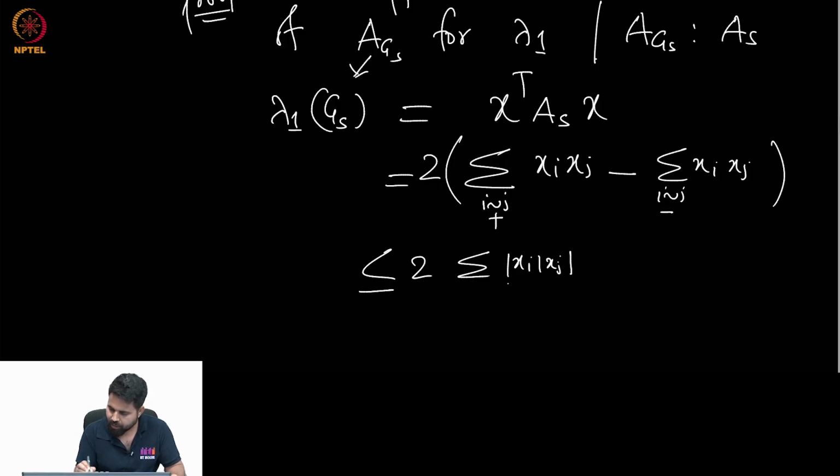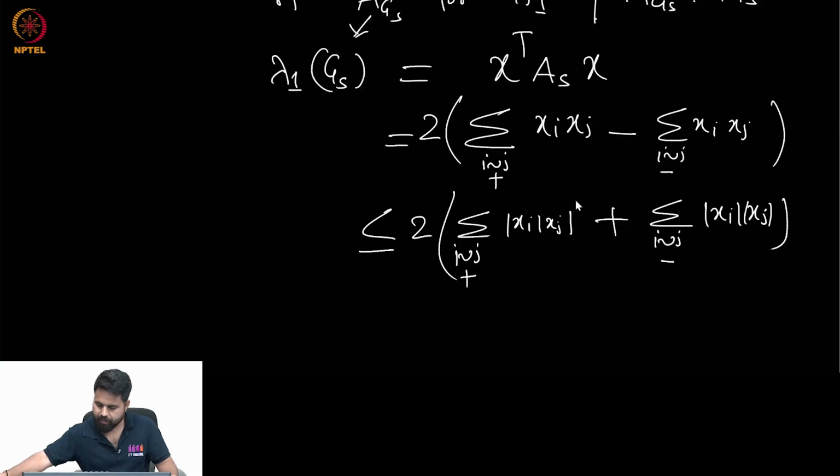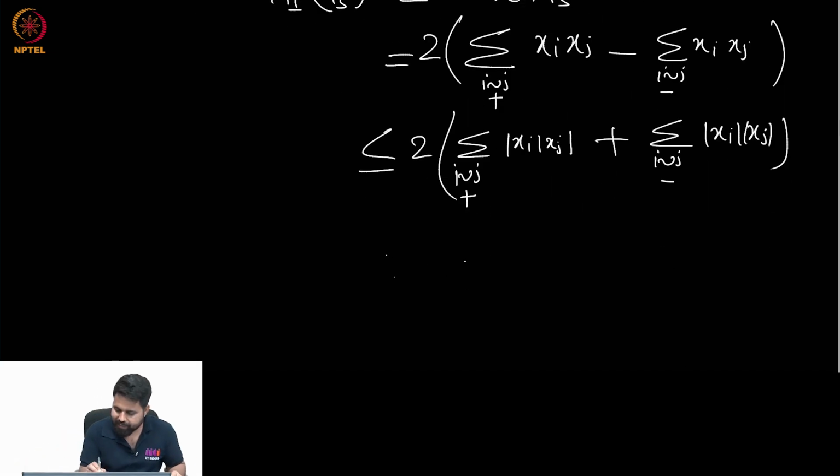Of course for i j positive, the same I can do here, and this again is negative. Now I can write this as this, right?